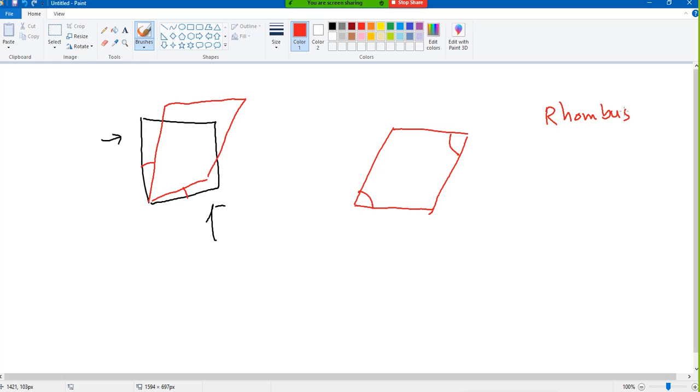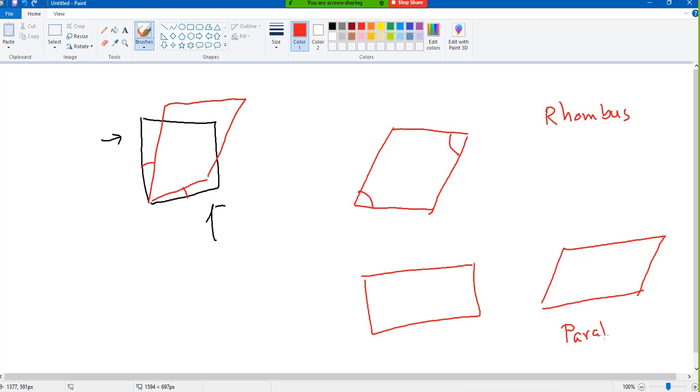If we twist a square, it becomes this. If you twist a rectangle, it becomes a parallelogram, from here to there. And a square, if I twist here, it twists here.